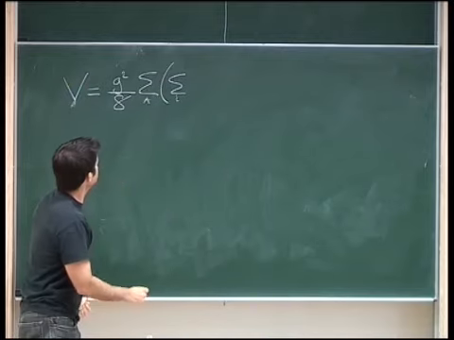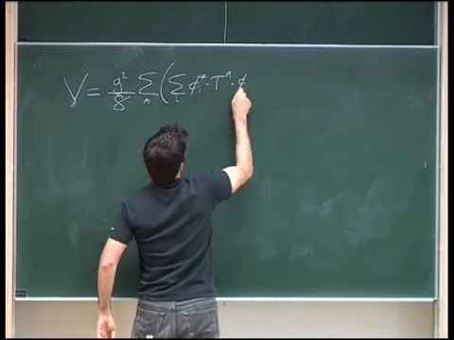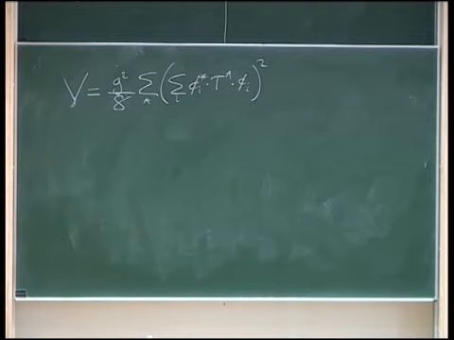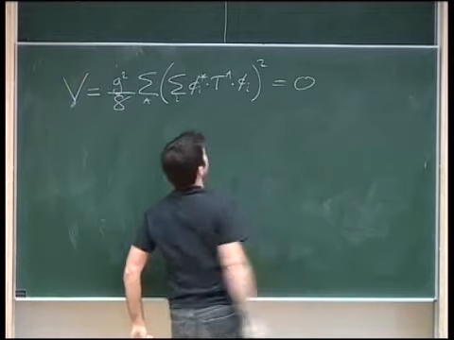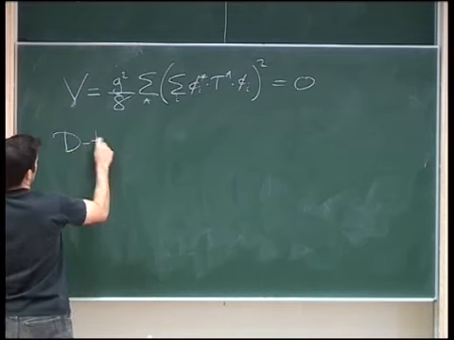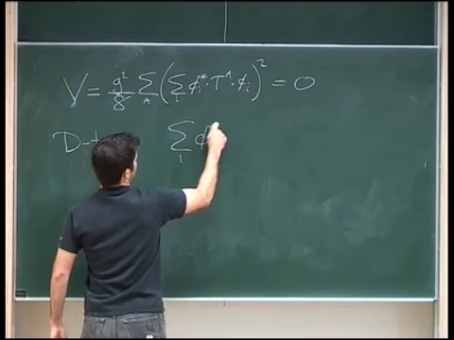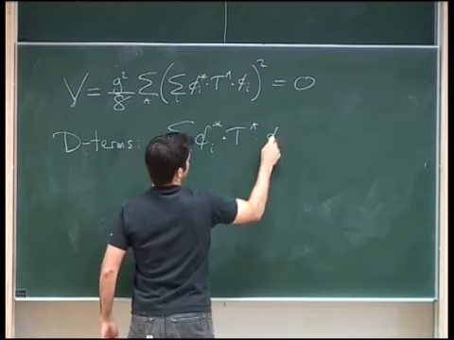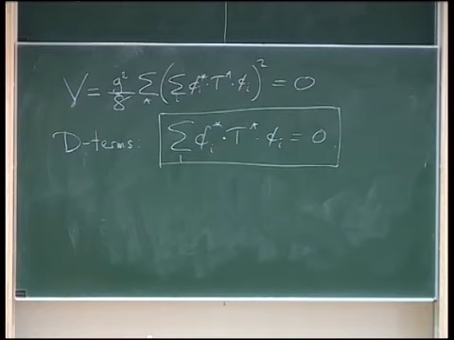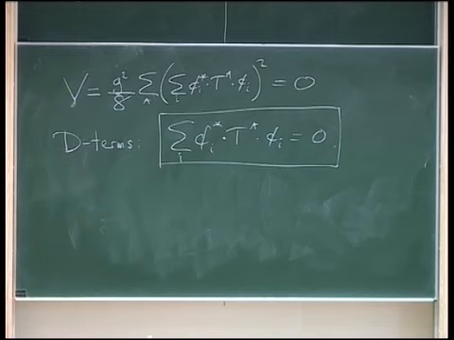So let me just restore that. These things squared and then summed over A. And once again, I want this to be equal to 0. So the so-called D terms here just involve solving this equation, which often isn't too bad. And we'll do an explicit example of this in a little bit.